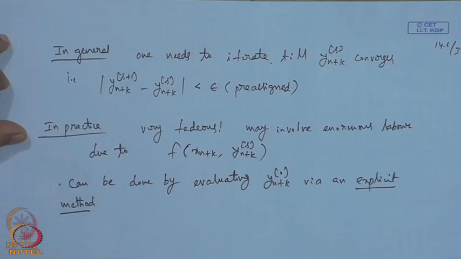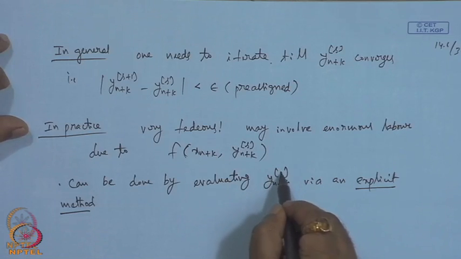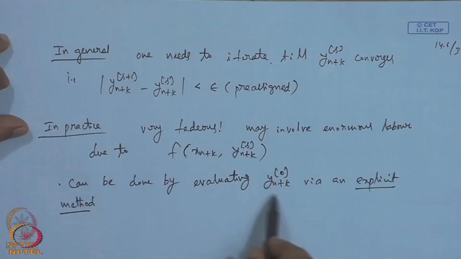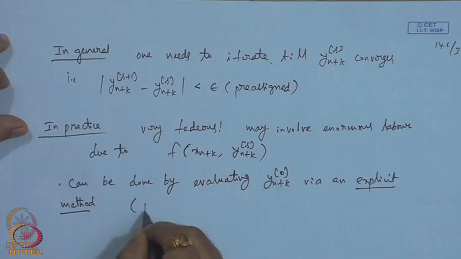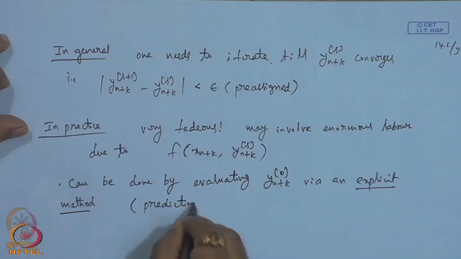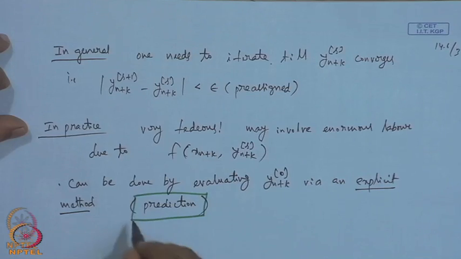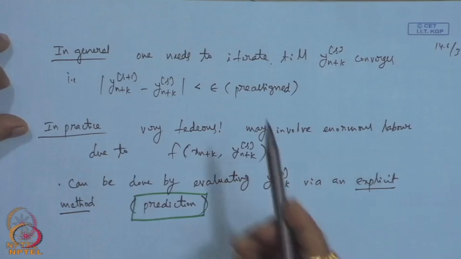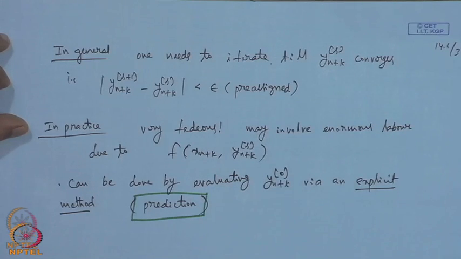It makes sense, since we need a reasonable enough approximation, you do it by an explicit method. So, this is the so called prediction, and then this particular thing.